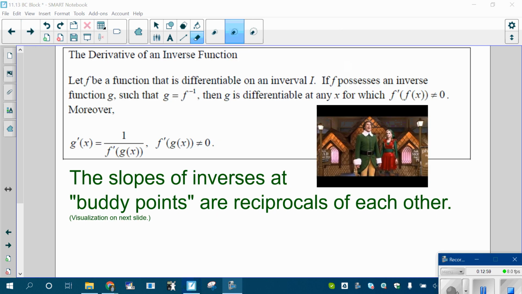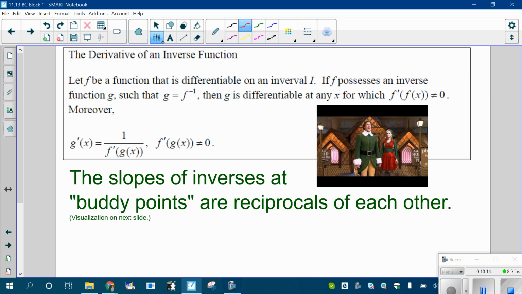Here's a little bit more fancy stuff. That's just what we're saying. Note that if the slope of your original is 0, then when you do the reciprocal of it, you're going to get undefined, so that can mess it up. But besides that, here is how we would summarize it. Slopes of inverses at buddy points are reciprocals of each other.